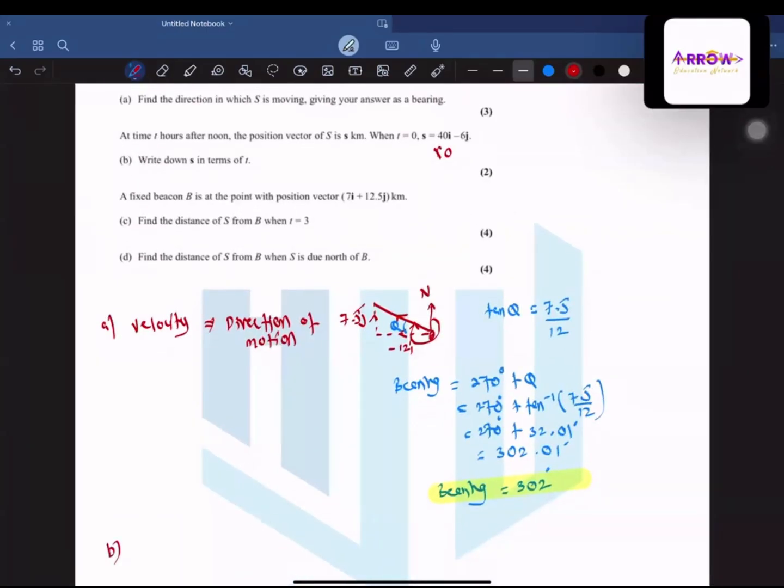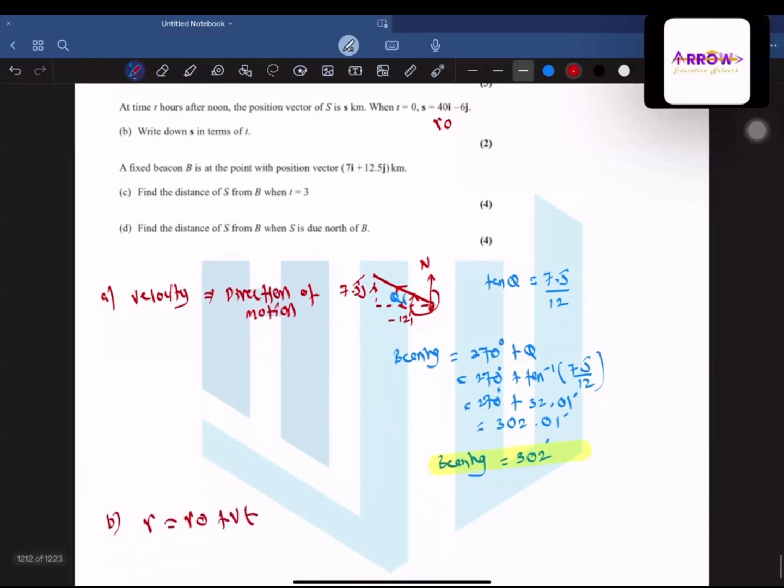The concept is that the position vector r is equal to r naught plus vt. The initial position vector is given to us, 40i minus 6j, and we need to express this s vector. So small s is replaced with r, and r naught is 40i minus 6j.